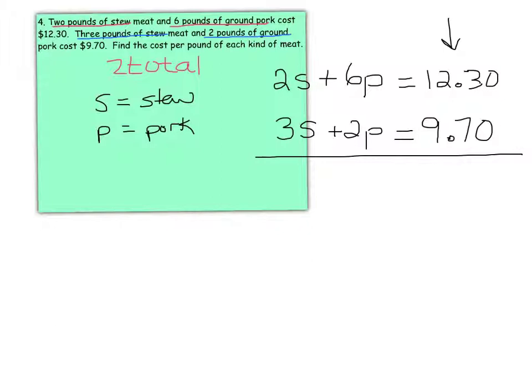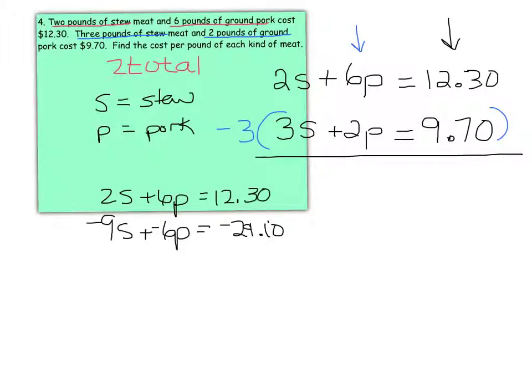So now that I have two equations, I know I can solve by either substitution or elimination. And I'm going to use elimination. I see that I could go ahead and change for my p's only once. So that's going to be a -3. So I end up having 2s plus 6p at the top equals $12.30.